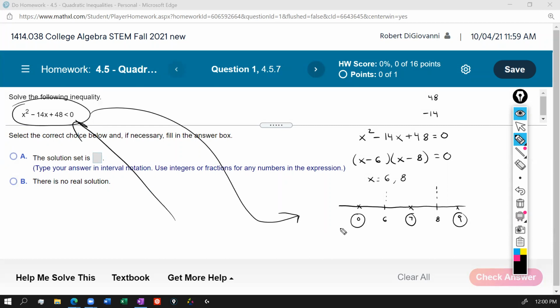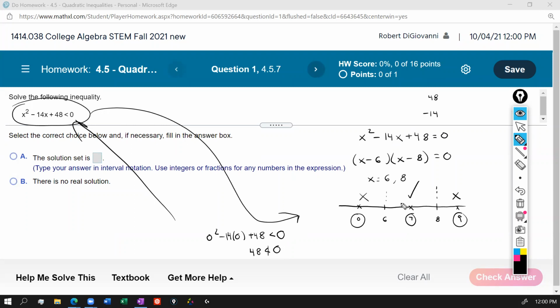So I'll just try it with 0. If I plug in 0 into that, I get 0 squared minus 14 times 0 plus 48 less than 0. So is this true or false? Well, that's 48 less than 0, and that's not true. So that means nothing over here works. If we do the same thing for 7 and 9, we should get yes, it works, and then no, it doesn't.